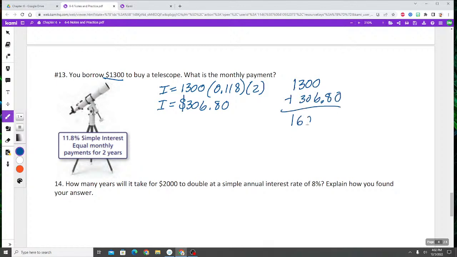So that's $1,606.80. And then we divide that by the number of months. Well, it's 2 years, so 2 times 12 is 24. So we're dividing by 24 to get ourselves $66.95 a month.